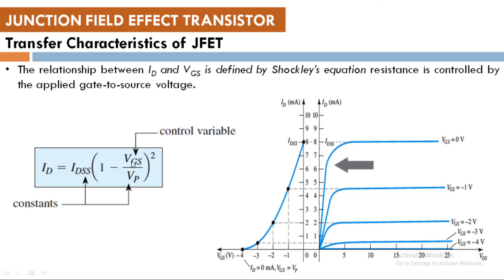Based on this equation, we get either the maximum drain current or the minimum drain current depending on VGS. This is called the Shockley equation, and it is only valid for junction field effect transistors. So this is all about the junction field effect transistor, its construction and characteristics.